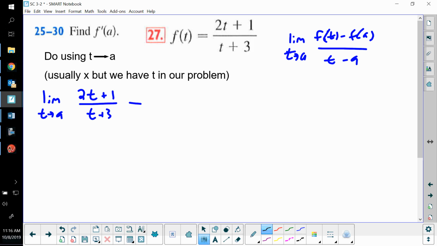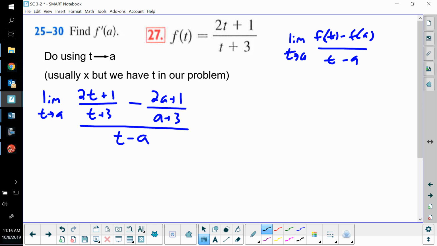The meaning of f of a is everywhere there's a t, replace it with an a. So we'll have 2a plus 1 over a plus 3. So that's just the numerator, f of t minus f of a. That'll be all over t minus a.